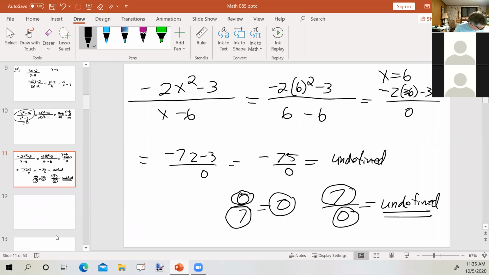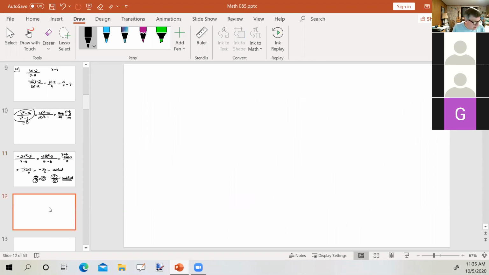Okay. Now, the directions say, for this next problem, find all real numbers for which the rational expression is undefined. So 5x over x plus 5. For what value or values of x would this expression be undefined? Well, dividing by 0 would make it undefined. So when would x plus 5 equal 0?